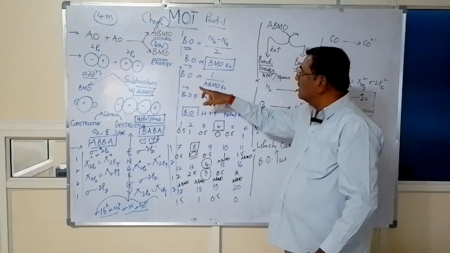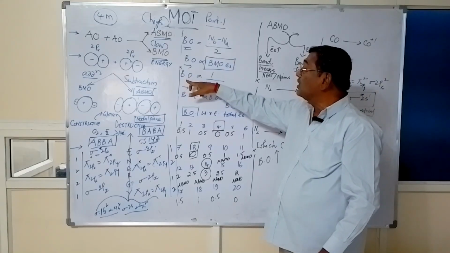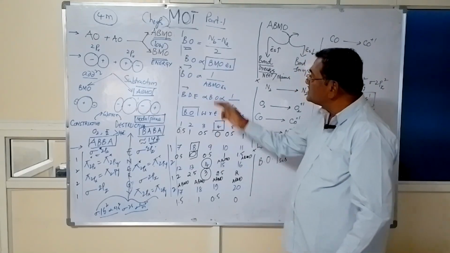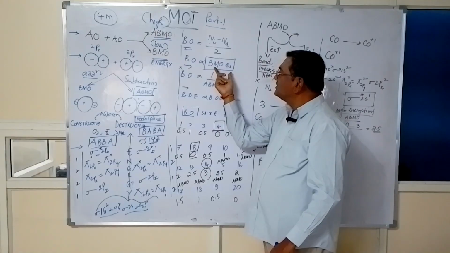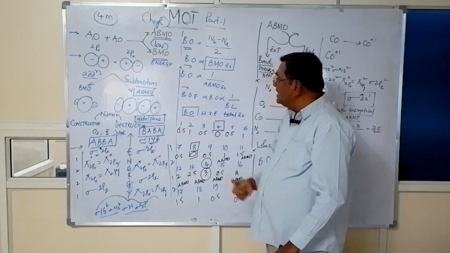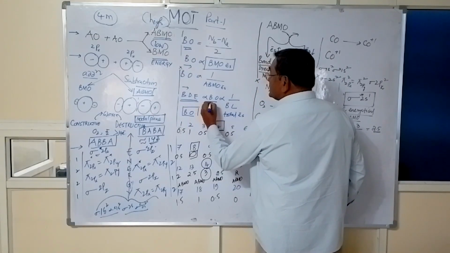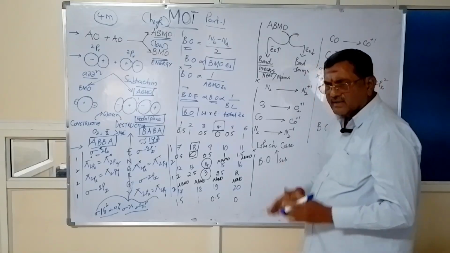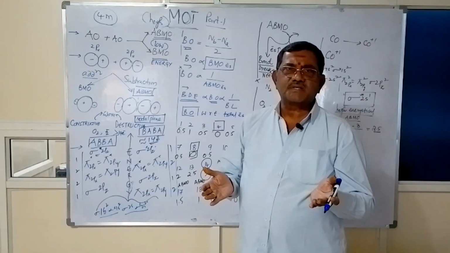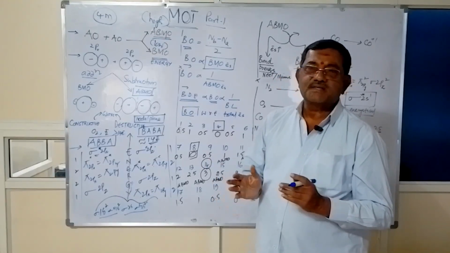When the antibonding molecular orbital electrons increase, bond order decreases. That's why bond order is directly related to BMO and inversely related to ABMO electrons. Bond dissociation energy is directly proportional to bond order. As the number of bonds increases, bond strength increases, and dissociation energy also increases, children.